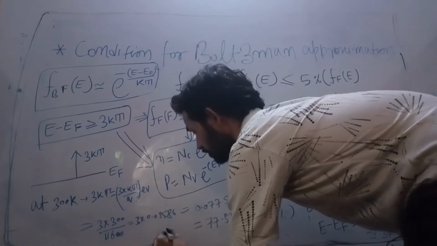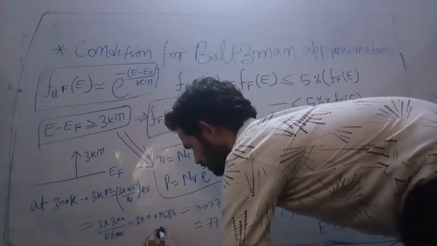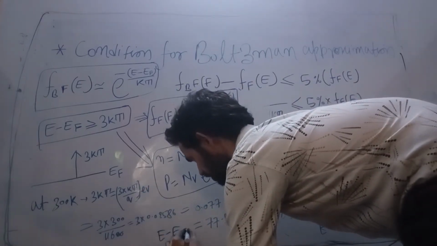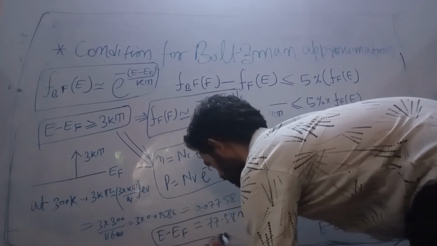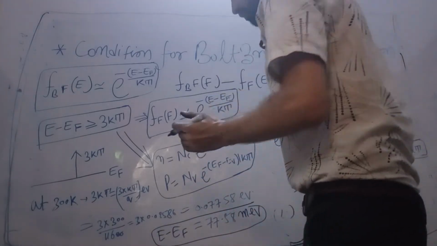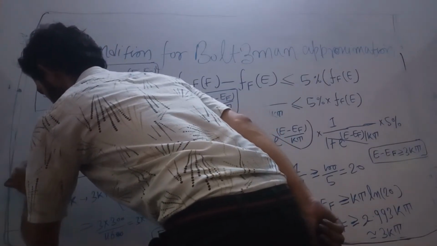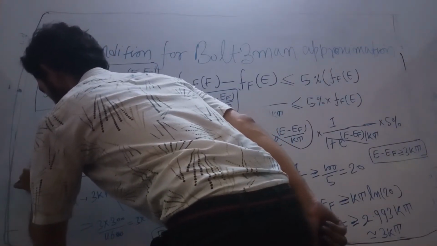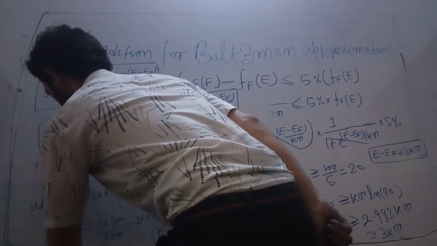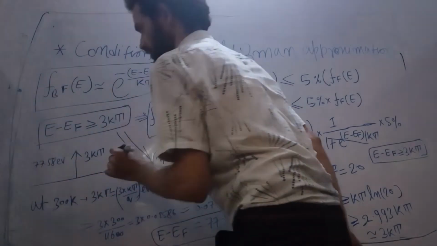So E minus EF should be this much. You should be above the Fermi level by 77.58 milli electron volt.